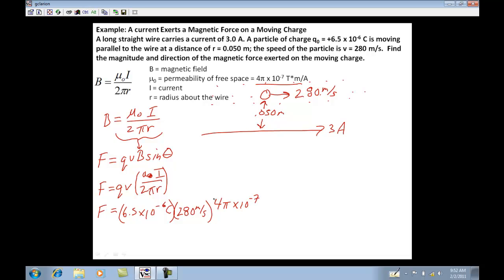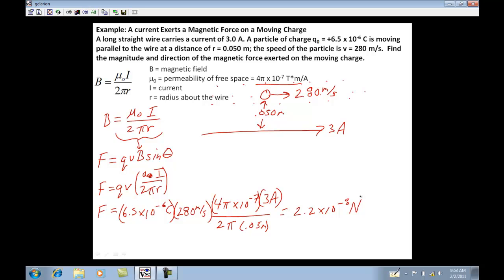Times the current. What's the value of the current? 3 amps. And I divide that by 2 pi r. How far is the charge from the current? 0.05 meters. And I get a value, I'll just tell you, of 2.2 times 10 to the minus 8 newtons.